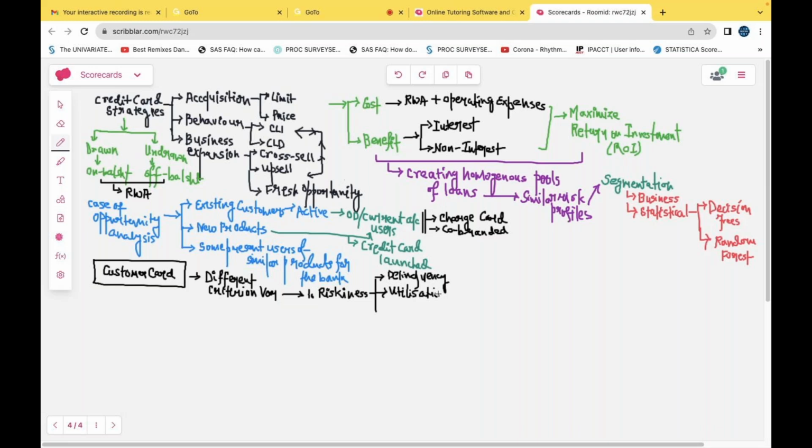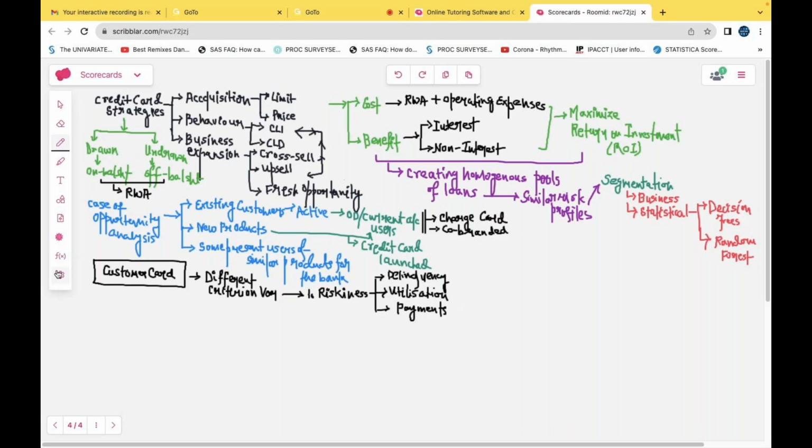The third that we have over here is the payments. So how his payment patterns are, right? So this riskiness of a borrower for a revolving product is defined mostly in terms of these three factors.